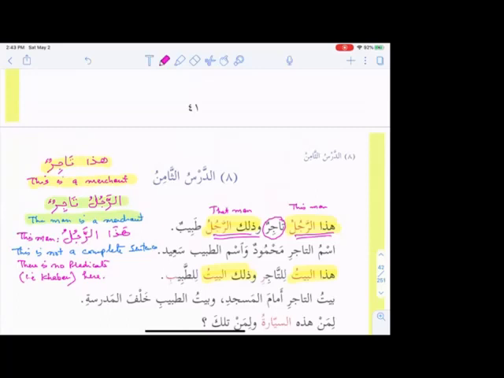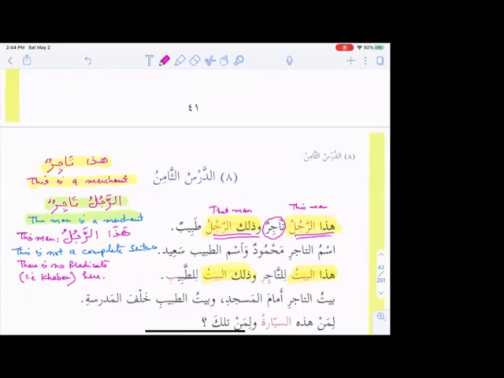Dhalika ar-rajulu tabib. Hadha al-baytu lil-tajir wa dhalika al-baytu lil-tabib. So here, this man is a merchant and that man is a doctor. This house belongs to the merchant and that house belongs to the doctor.